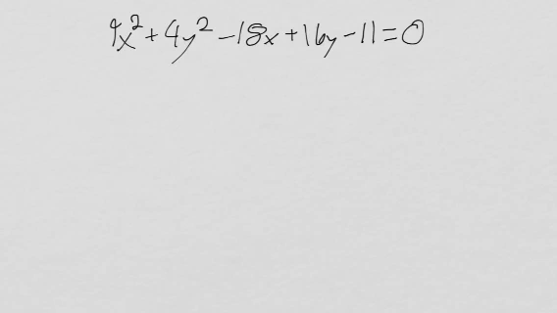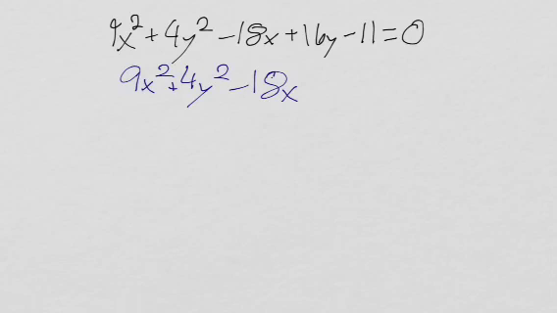So first I'm going to add that 11 over, so I'll get 9x squared plus 4y squared minus 18x plus 16y equals 11.